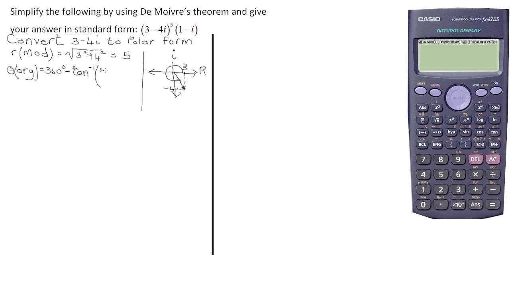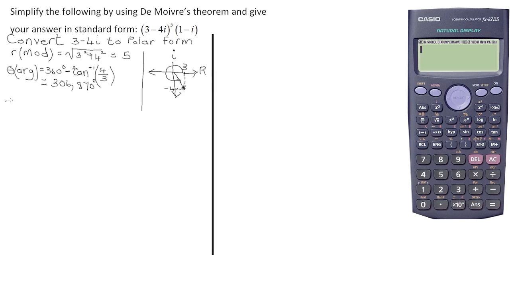Imaginary, which is 4, over real, which is 3, and then your answer there, if you use your calculator, will be 306.870.